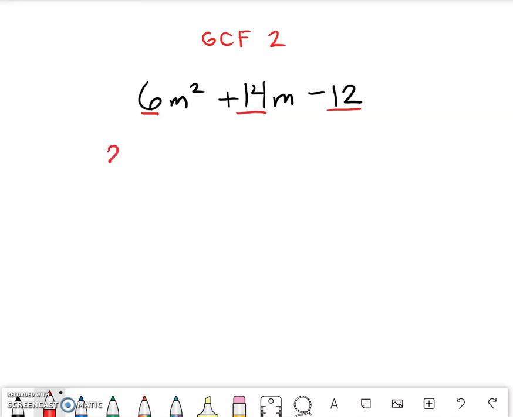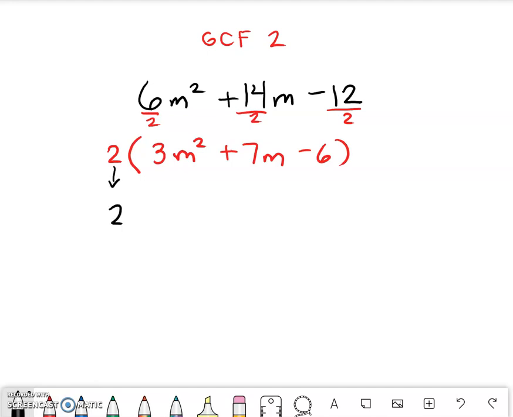So I'm going to pull 2 out and see what factors are left. 6m squared divided by 2 is 3m squared. 14m divided by 2 is positive 7m. Negative 12 divided by 2 is negative 6. We pulled out the common factor. Now we're ready to set up our clown. Remember, the 2's only job is to hang guard outside.